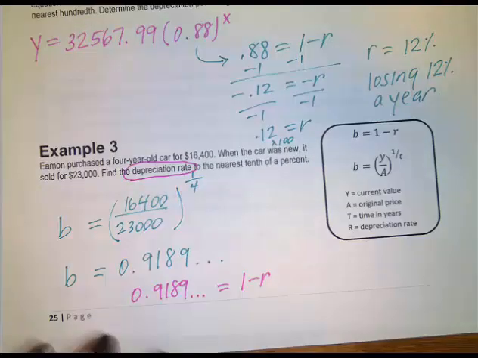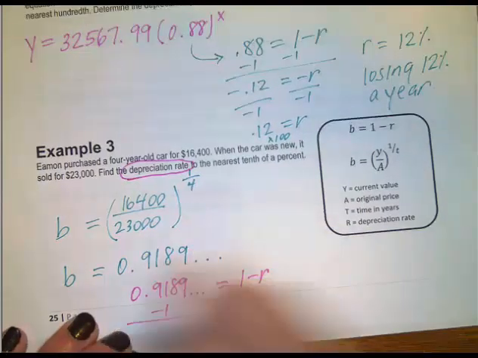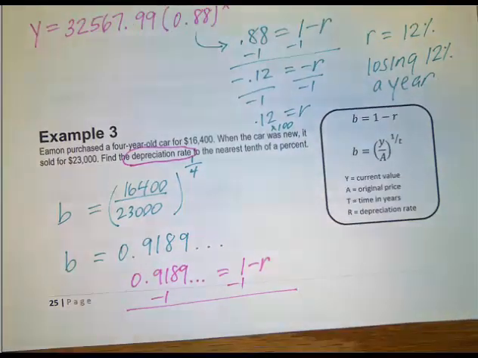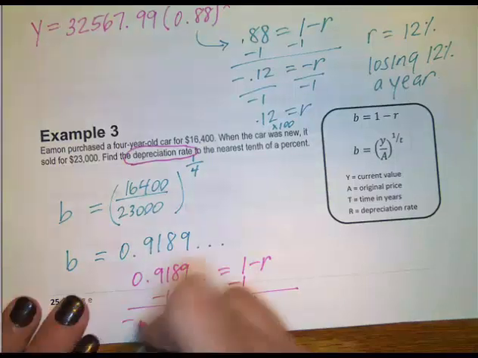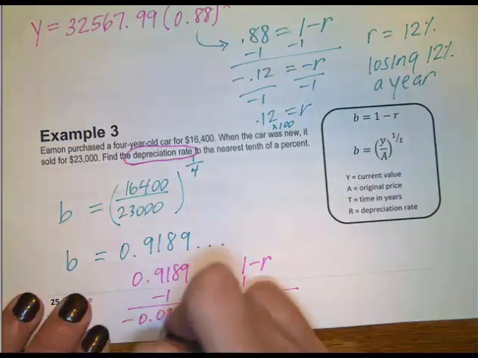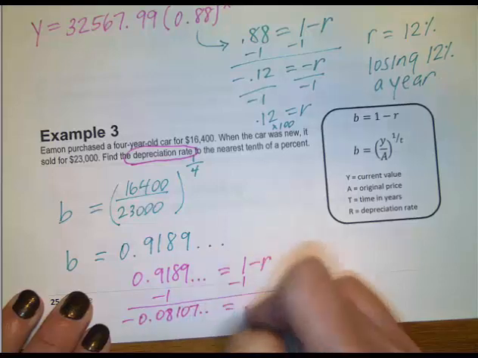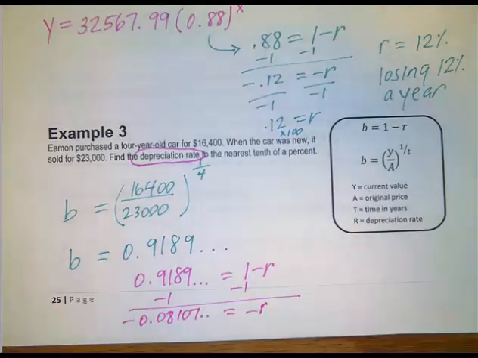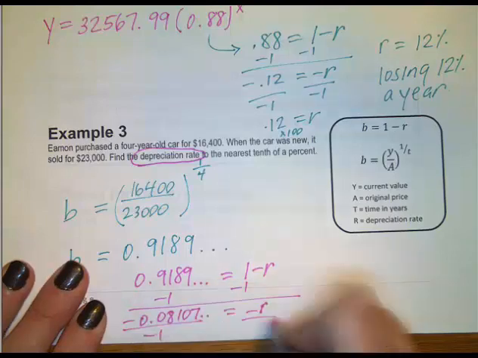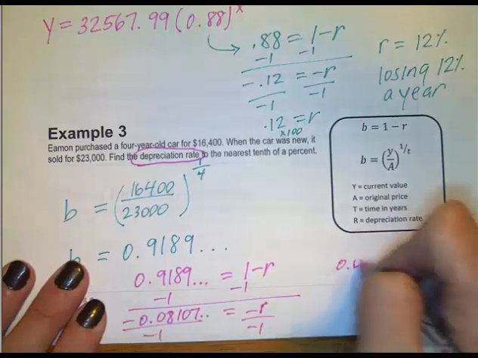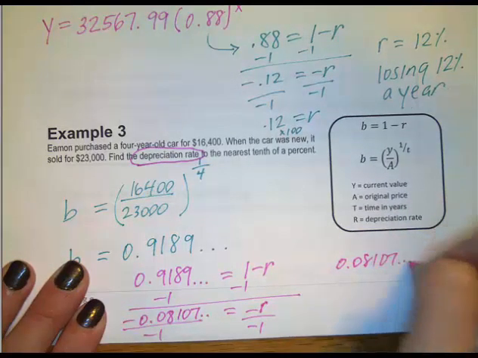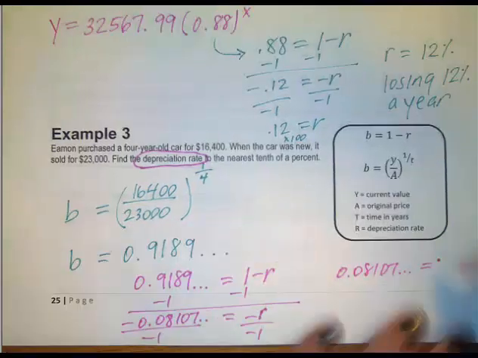So we have to subtract 1, and again, I'm just using my calculator, so minus 1, so I get 0.08107 blah blah blah equals negative r. I'm going to divide by negative 1. So 0.08107 blah blah blah equals my r.